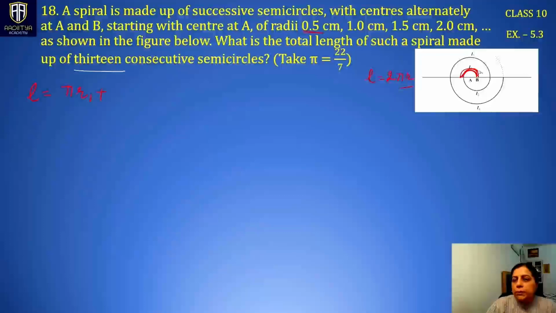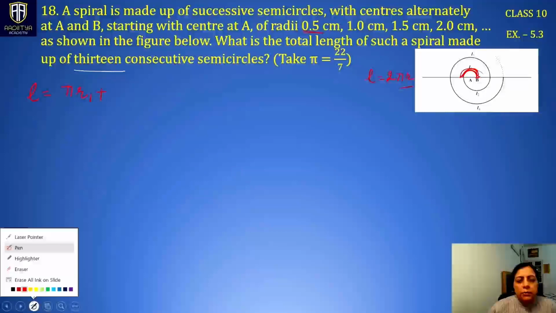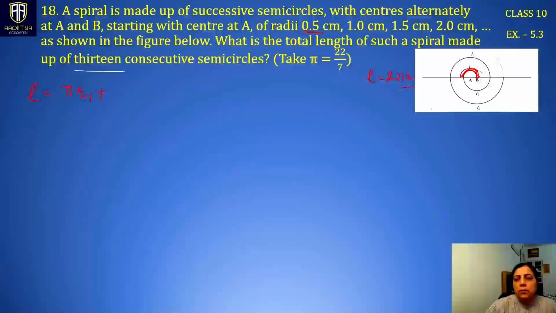Now by drawing this semicircle, we switch our center to B, right? Let me change this color again. So now our center is at B, for which we have drawn this second semicircle. The compass is focused at B. Now what is the radius for the second semicircle? It is 1, right?